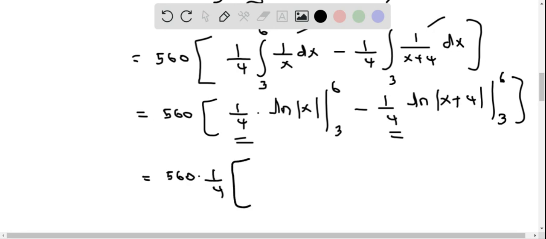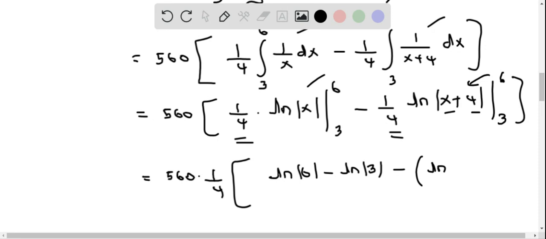And then we apply the upper limit and lower limit. So it will be natural logarithm of 6 minus natural logarithm of 3. And then here, we have already factored out the 1 by 4. So this will be natural logarithm of, if you substitute x equal to 6, 6 plus 4 equals 10.